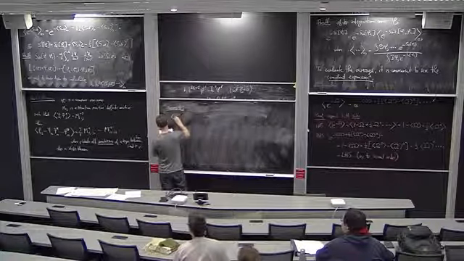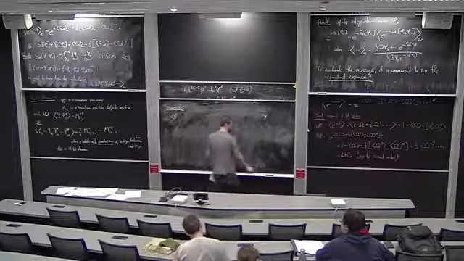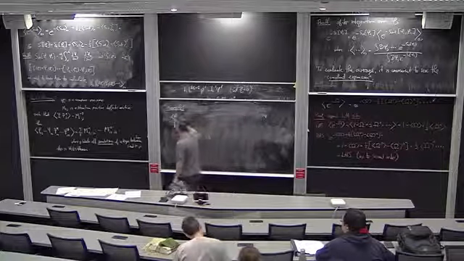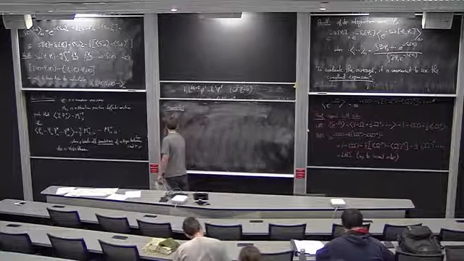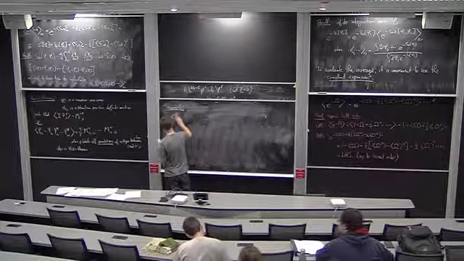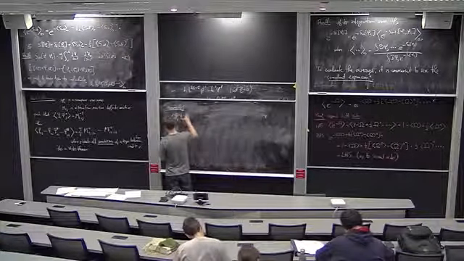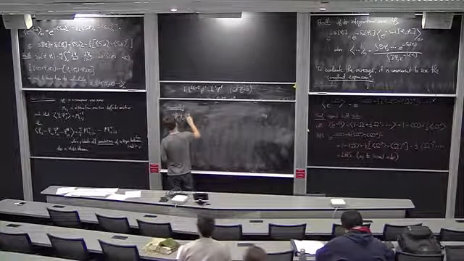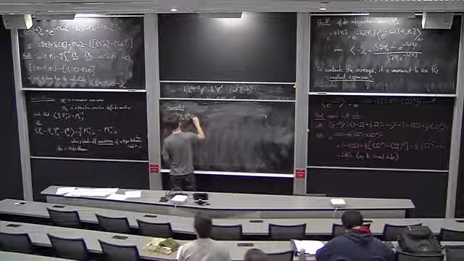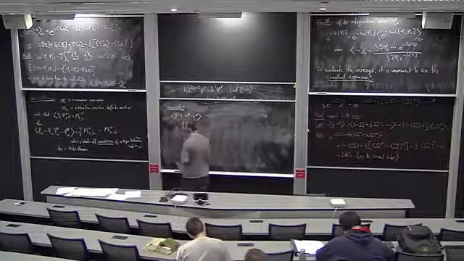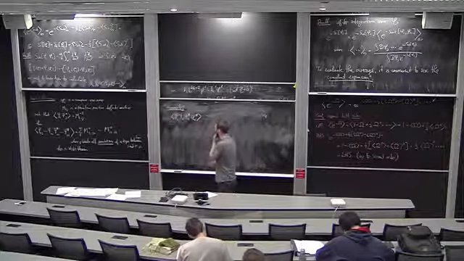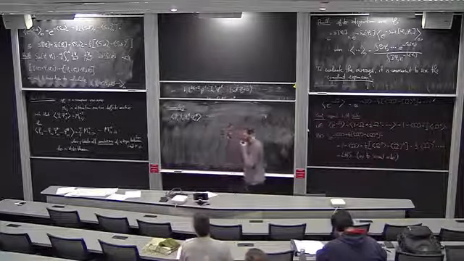So let me keep it general and talk about complex variables. So I'll call them 1, 2, 3, 4. I have an expectation value like that, a Gaussian expectation value.